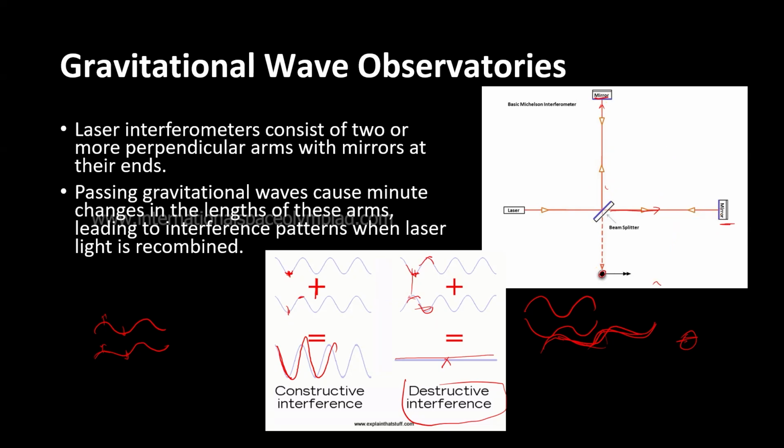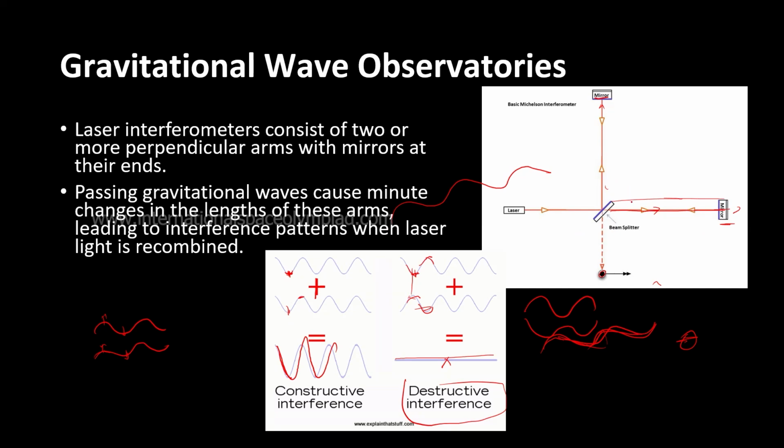That change in length can only happen if I purposefully make it change, otherwise there should be something else. That something is actually a gravitational wave. When a gravitational wave comes, it changes space and time. That space-time change changes the distance here. It is actually stretching this.